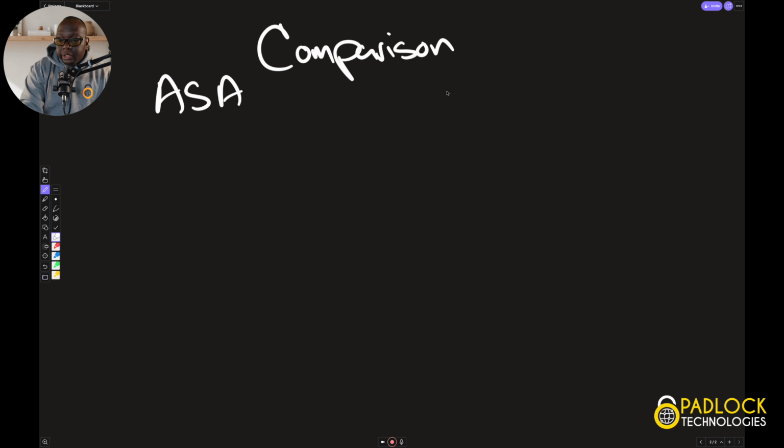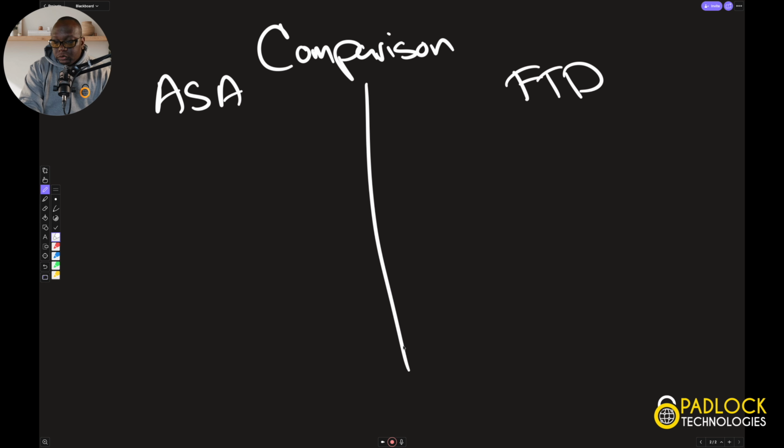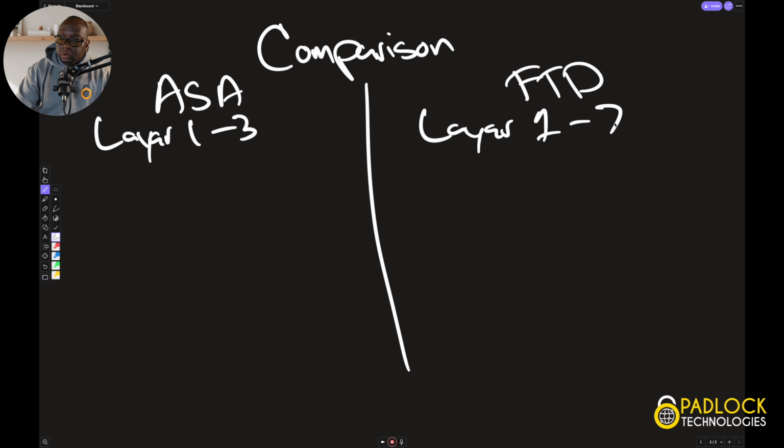So we look at the comparison here. We got the ASA, we got the FTD. As I said before, without the SFR module, layer 1 to 3 only. FTDs, layer 1 through 7, right? And obviously you got to have some licenses in order to do that, right?